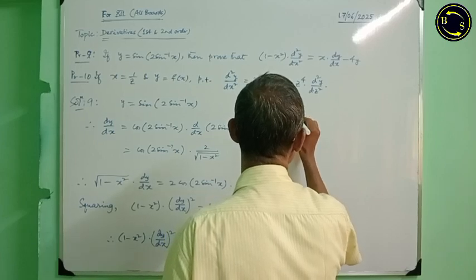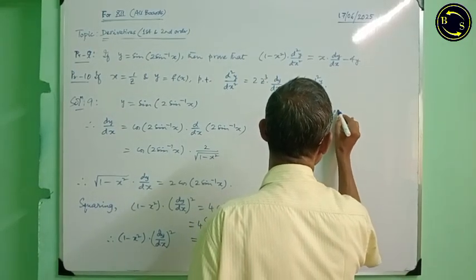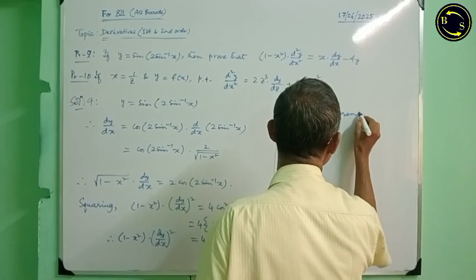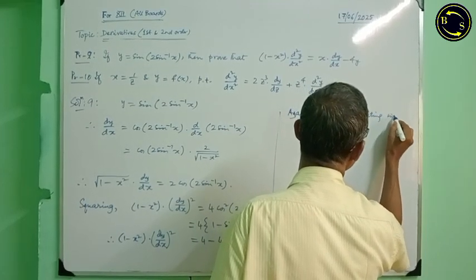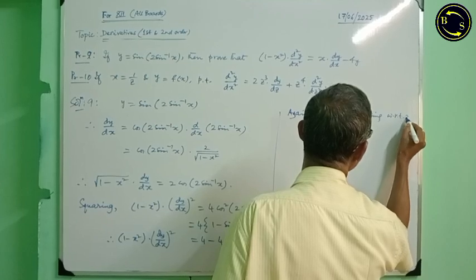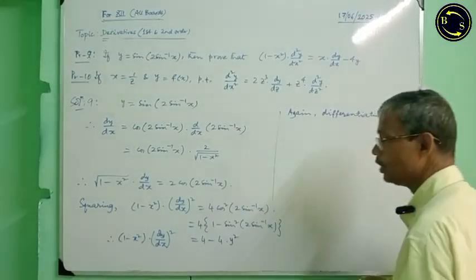Again differentiating. This is u into v form.